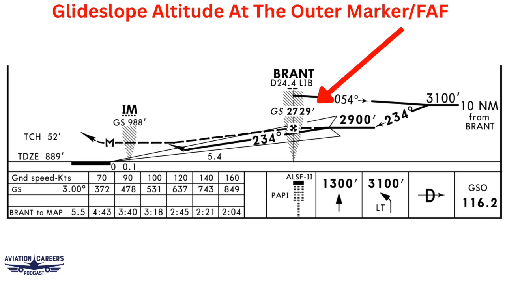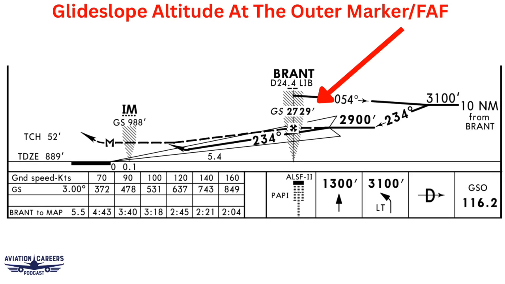When we're flying this ILS, we need to double check that our altitude is correct by using our altimeter setting. It has to be correct, but we want to double check that we're at the right altitude. So when we cross Brant, most airlines, just about anywhere, you say 2,729, or you call out the actual altitude.